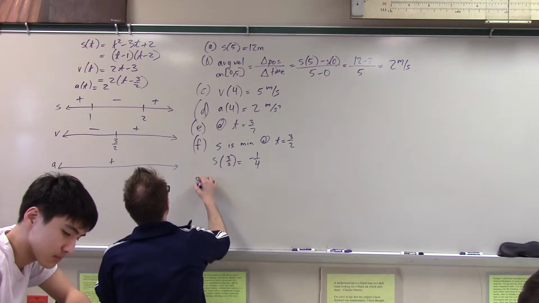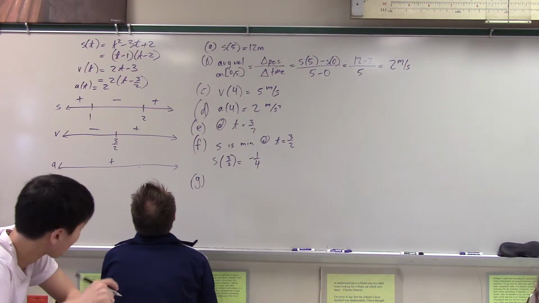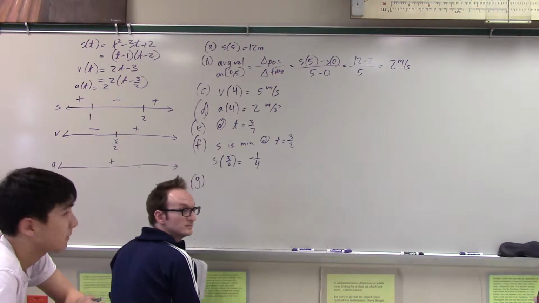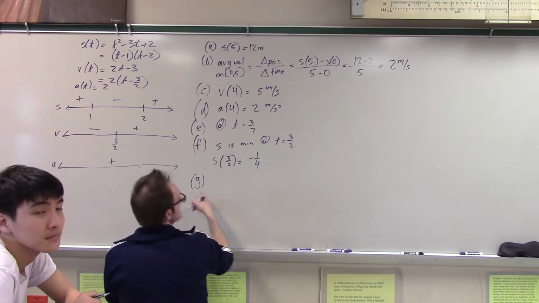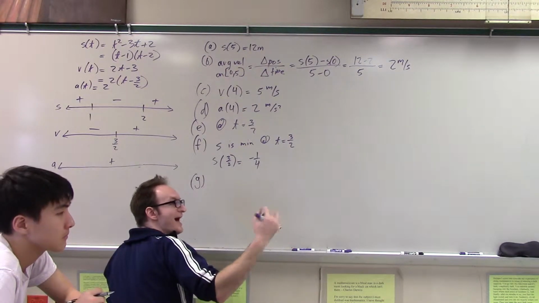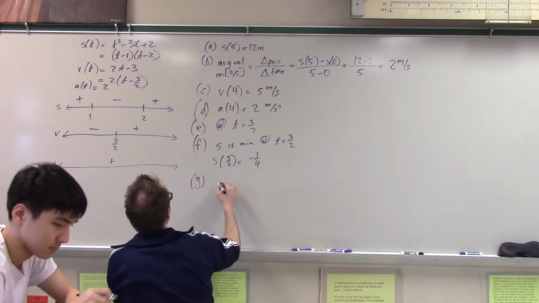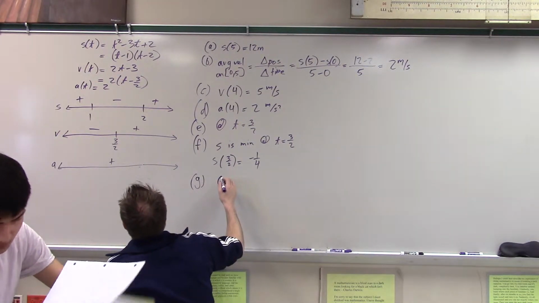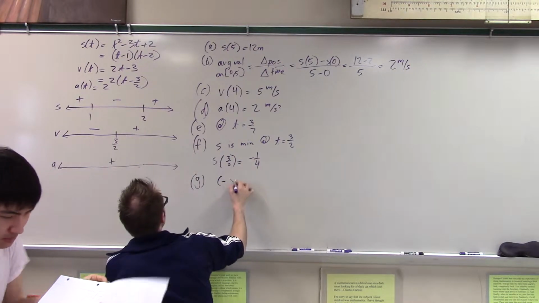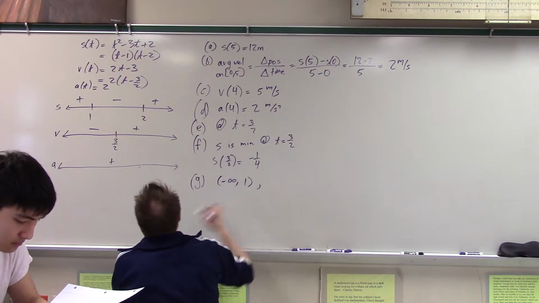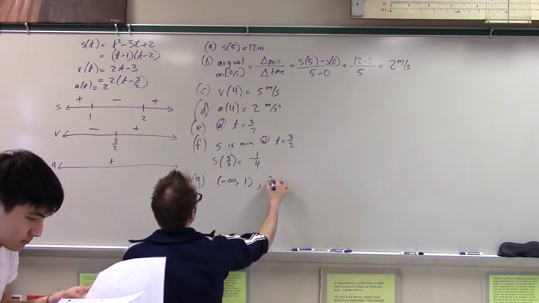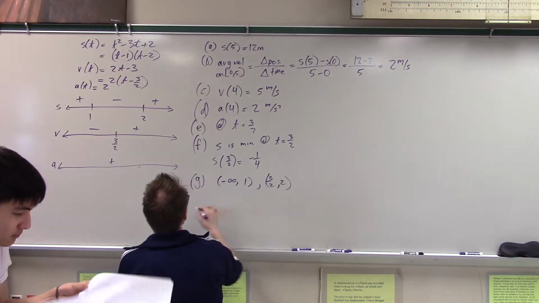G. When is the particle moving towards the origin? Moving towards the origin when S and V have opposite signs. So you're moving towards the origin on negative infinity to 1, and also from 3/2 to 2.